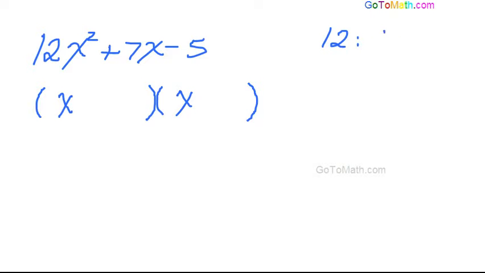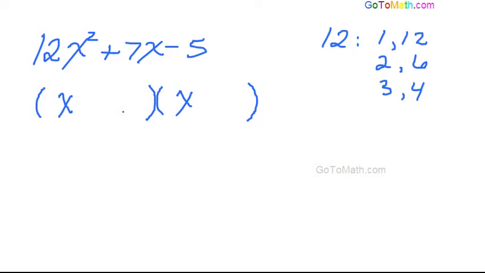And so we could have a 1 and a 12, or a 2 and a 6, or possibly a 3 and a 4. Let's see, 6 is 2 times 3, and 4 is 2 times 2, so I guess those are it. So this can be a 12 and a 1, a 2 and a 6, 6 and a 2, a 3 and a 4, 4 and a 3.